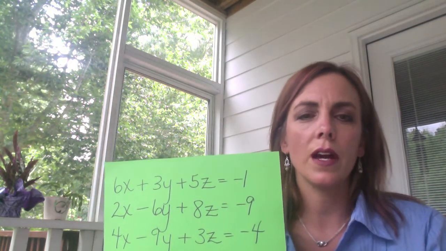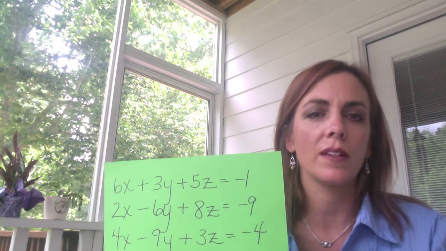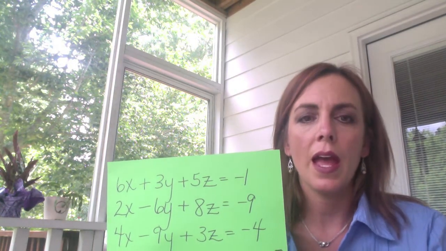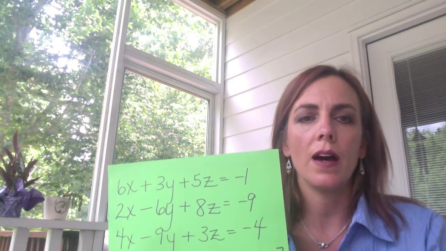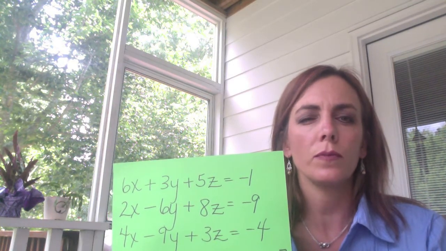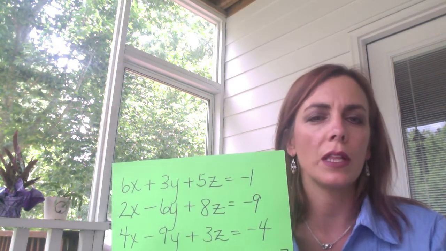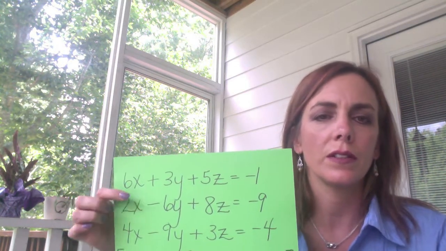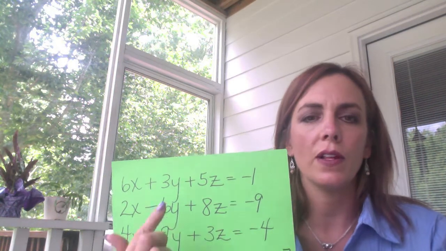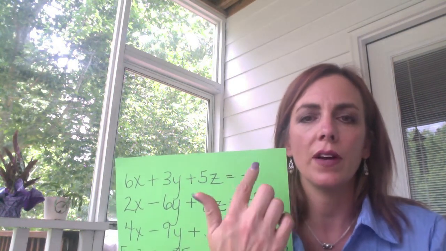Now notice that this system has three variables in it. And in this system, all your x's are aligned. You see them? They are all in the first position here. And then we have all our y's, and then we have all our z's.